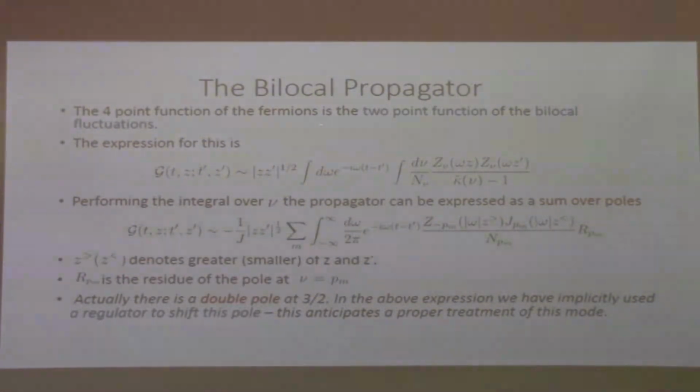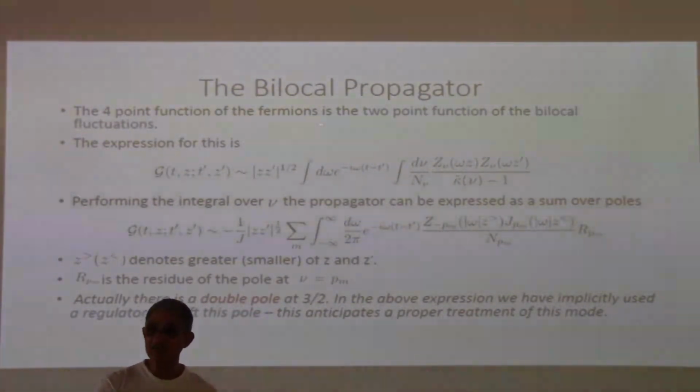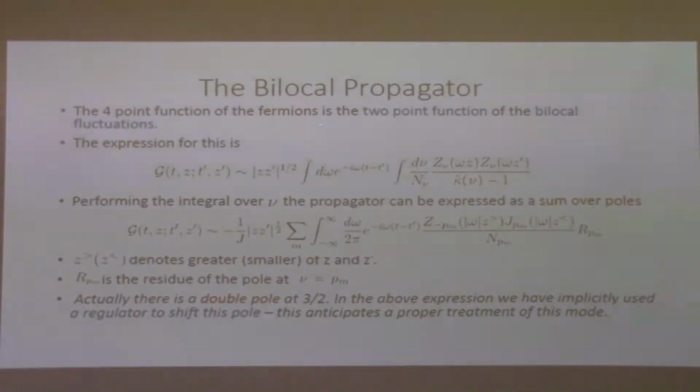I should mention there is actually a double pole at 3 halves. What I have done in writing down this formula is to know beforehand that in the full theory this is not a double pole. That pole is actually shifted due to finite coupling effects. So I have introduced a little regulator to do that, with the understanding that I have to treat these modes separately.